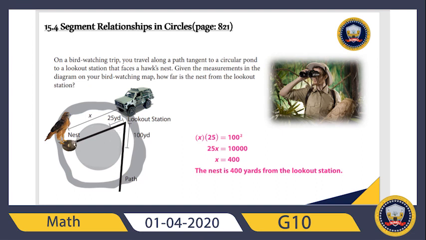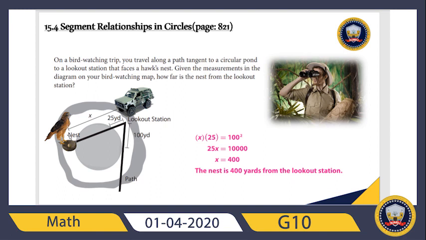The nest is exactly on the circle here, and you are standing at this point, which is 25 yards away from the circle. Now, if the path that you have passed, from the tangent here to the lookout station where you are standing now, is 100 yards, what will be x?